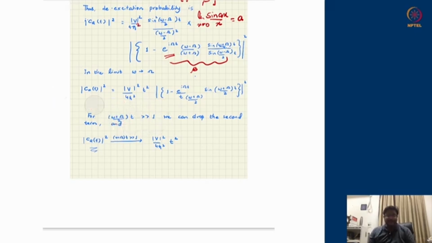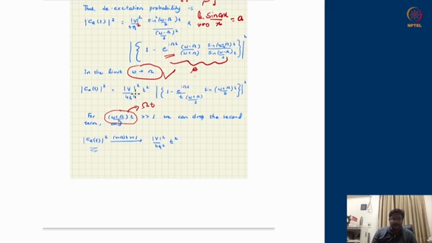The first limit is that the frequency of the Hamiltonian matches the frequency of the energy gap, and the second limit is that I'm looking at a time scale which is longer than 1 over the frequency of the energy gap. This omega plus capital omega by 2 in this limit becomes just omega. So this is also capital omega t much greater than 1.